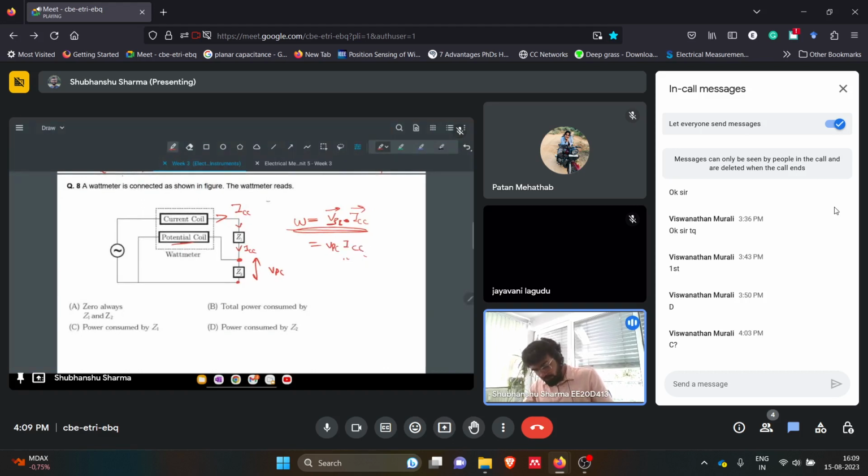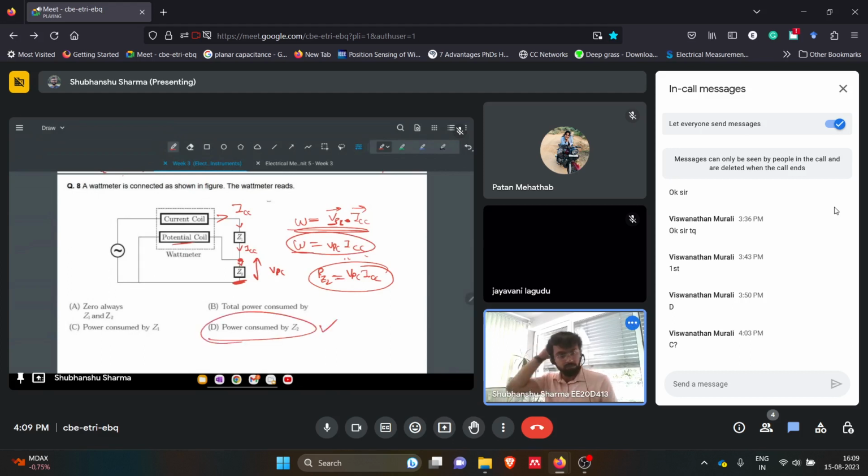If you observe, the power of Z2 is the voltage across it, that is VPC, times the current flowing through it, ICC. And this is what the wattmeter reading is also saying. So basically these wattmeter connections are measuring the power consumed by Z2.